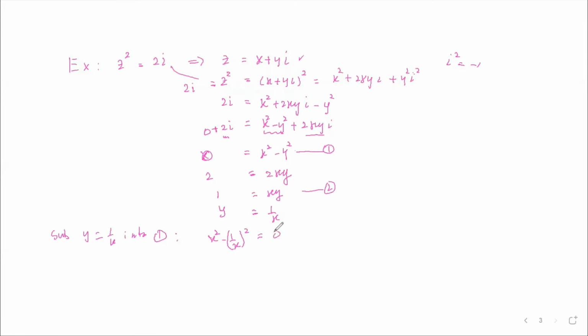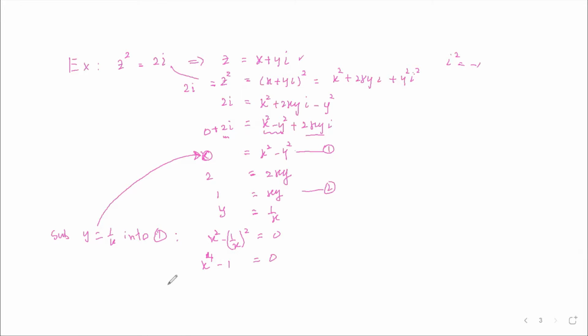Equal to 0. Okay, so this y replaced in there. So this one is going to be x power 4 minus 1, correct, equal to 0.